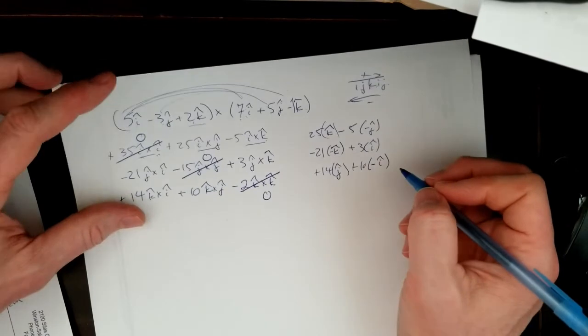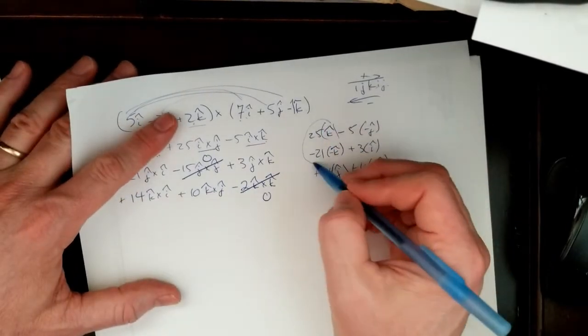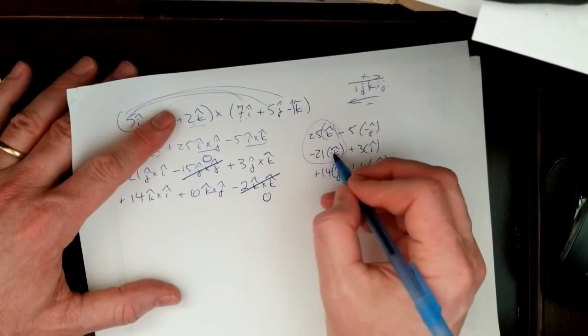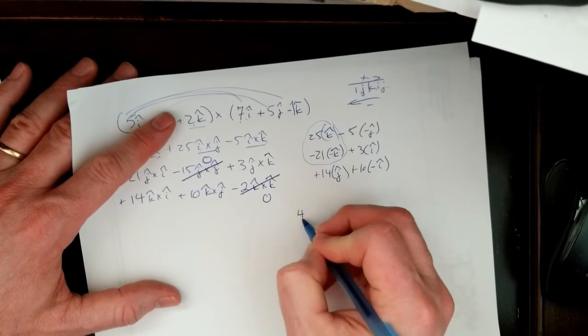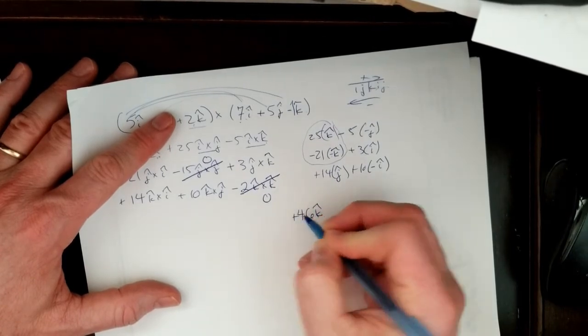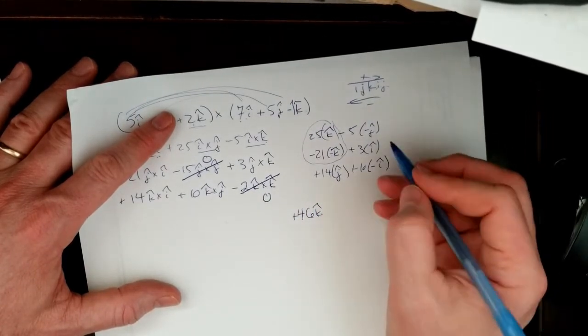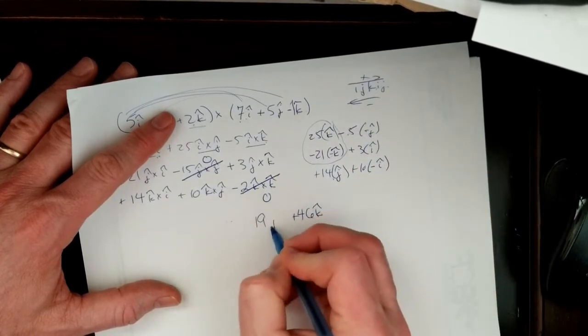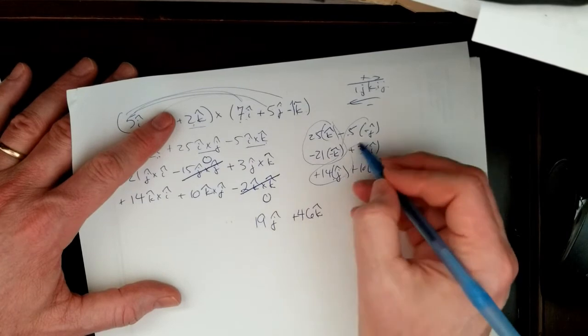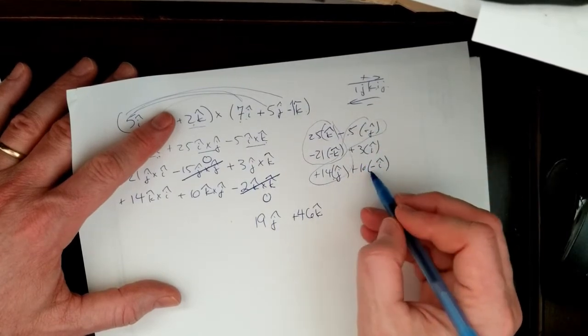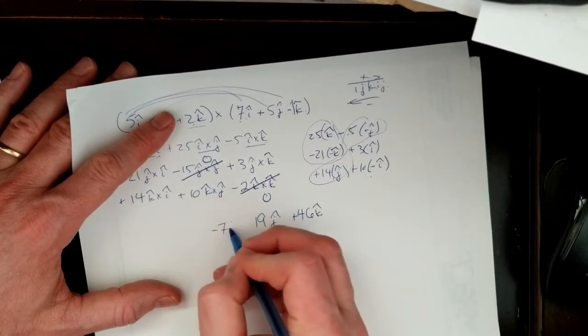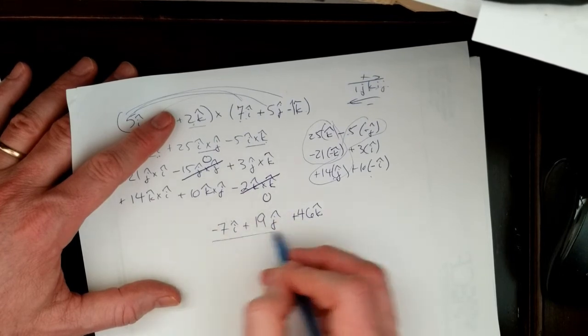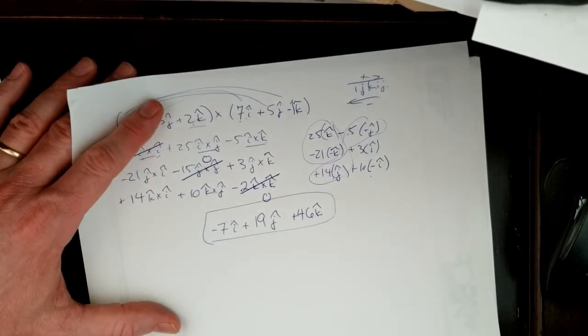And now you combine like terms. I got 25k plus 21k, so I have 46k. My j term, I got 5 and 14, so I have 19j. And then here I have 3 minus 10, so negative 7 i hat. And that is the cross product.